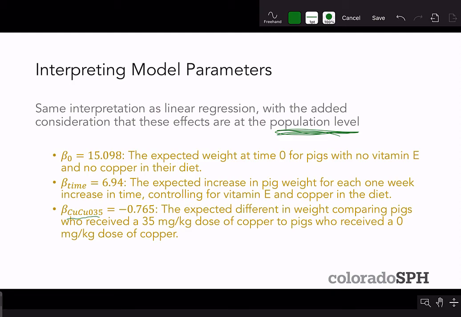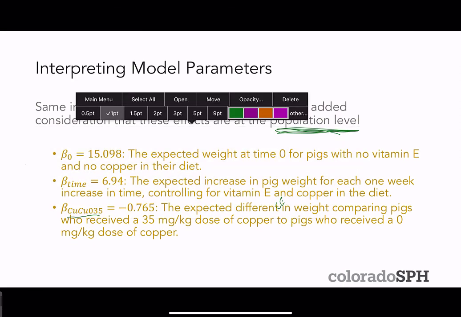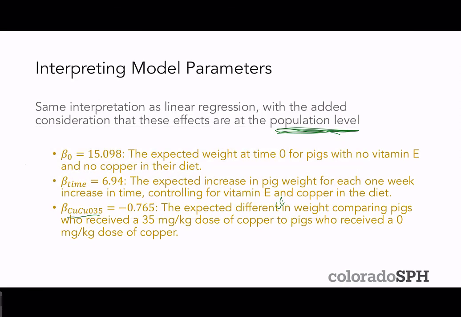And we'd say that the expected difference in weight comparing pigs who received 35 milligrams per kilogram of copper to pigs who received no copper is negative 0.765, which is actually very small. We see basically almost no weight difference here based on copper dose.